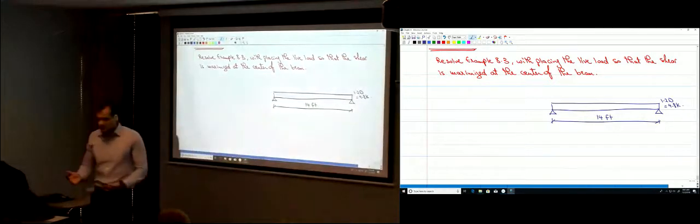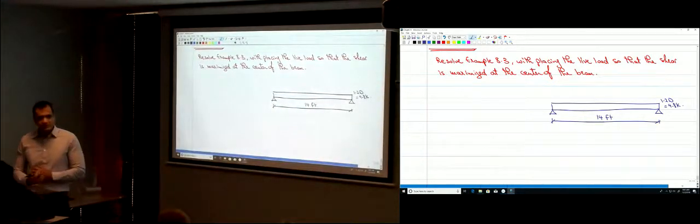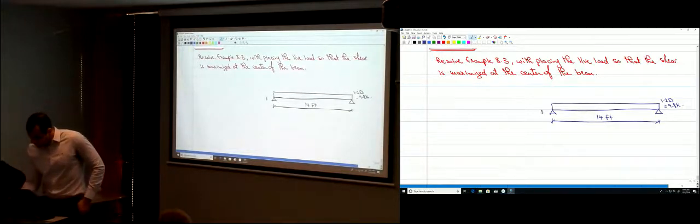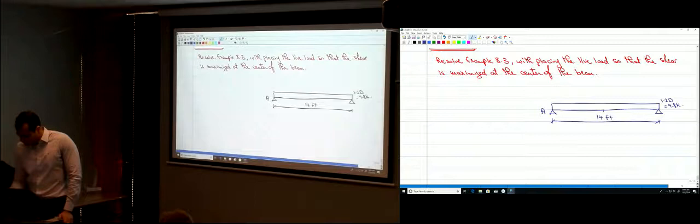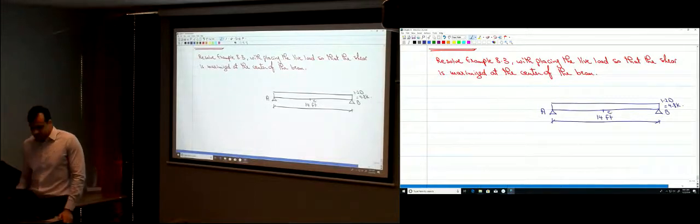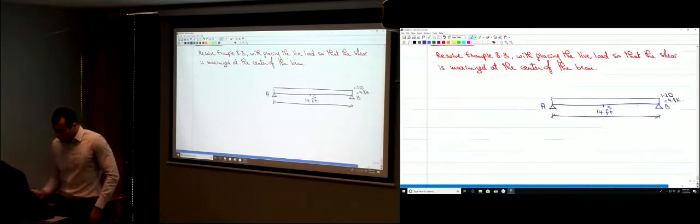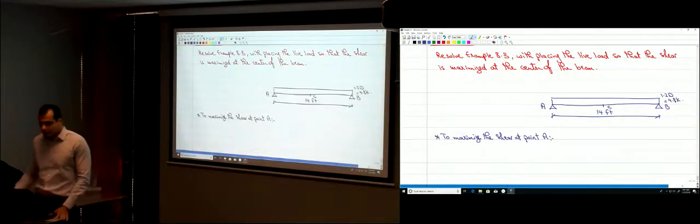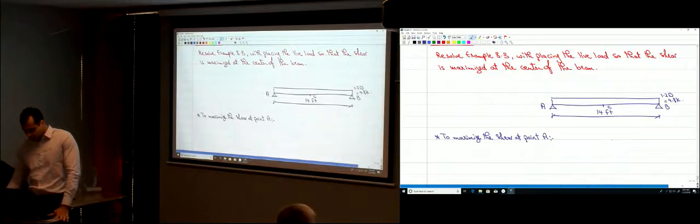How can I find this? Okay, how did I know those pieces of information that I just told you? Okay, so let's say this is point A, this is point B, this is point C. So to maximize the shear at point A, let's draw the influence line for the shear at point A. Okay?